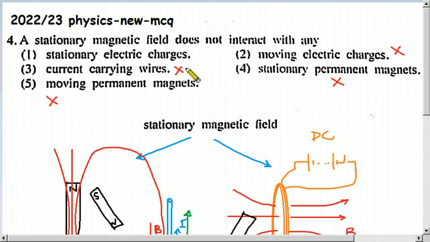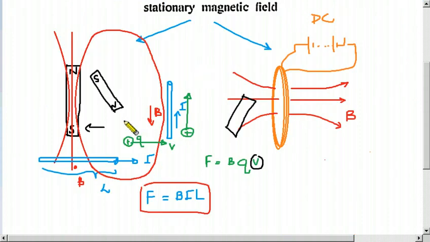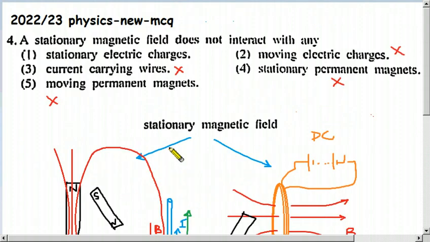So that is finished. Now we can go to the first one, stationary electric charges. If the electric charge is stationary, that means there is no velocity. So if this V is equal to 0, then F must be 0. That means there is no interaction. So therefore this one is correct. What they ask is does not interact.